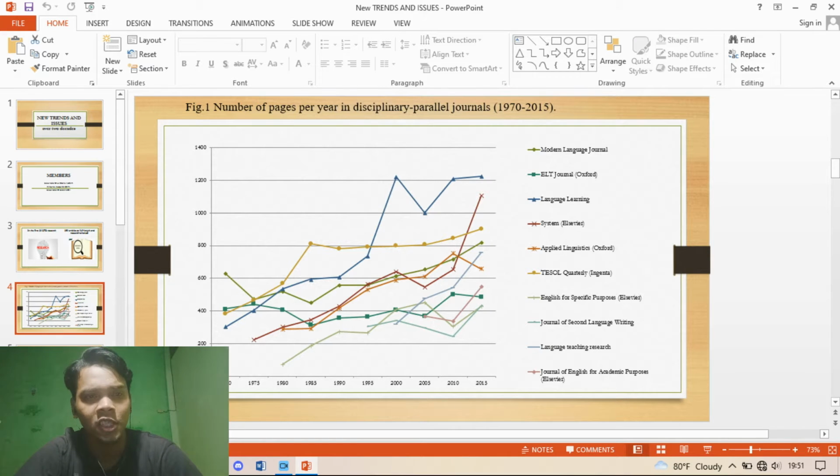In the first 20 volumes of Language Teaching Research, they identified about 359 comprehensive and research-oriented articles. This number is not evenly distributed across the 20 volumes. On the contrary, the number of articles published increases sharply. The first volumes had only 3 issues.